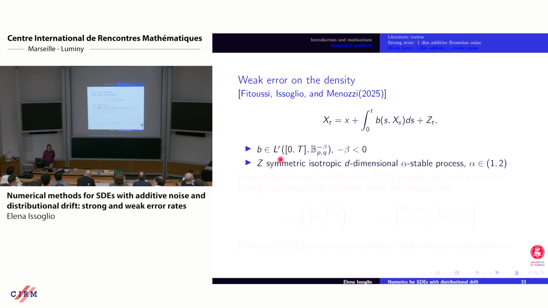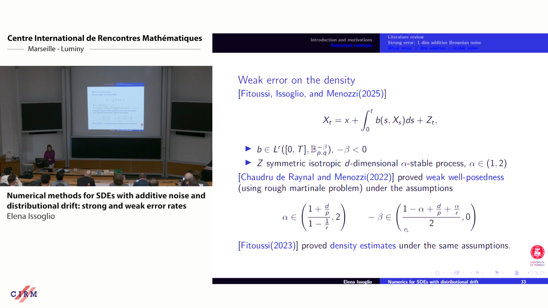And the drift is time dependent, is L^r in time, and it takes values in a Besov space of order minus beta, p, q. So there are lots of parameters, sorry, but under certain conditions for alpha and beta, which are the standard ones for alpha stable processes, the well-posedness has been proved by Chaudru de Raynal and Menozzi, and Mathis proved the density estimates for the solution.